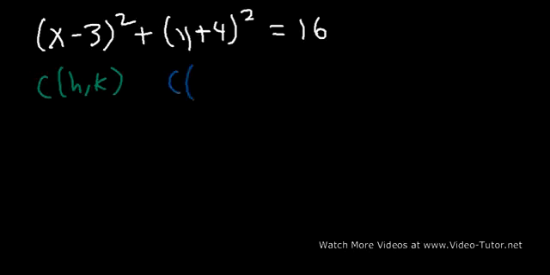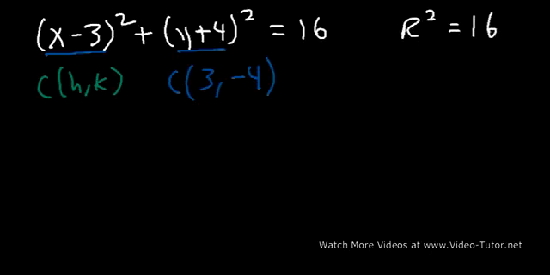The center is basically, if you set x minus 3 equal to 0 and you solve for x, you'll get 3. So h is 3. So basically you change the negative 3 to a positive 3. And the same thing with the 4. You change the positive 4 into a negative 4. So the center is 3, negative 4. And since r squared is equal to 16, the radius of the circle is 4.